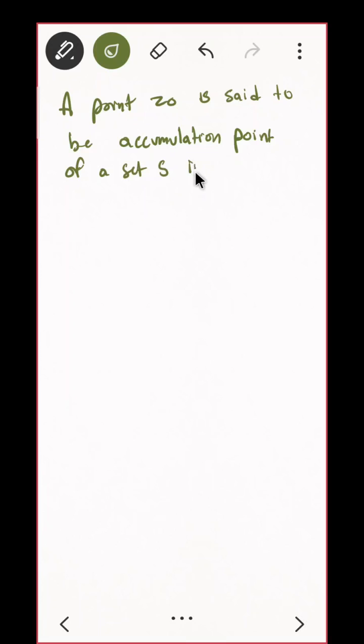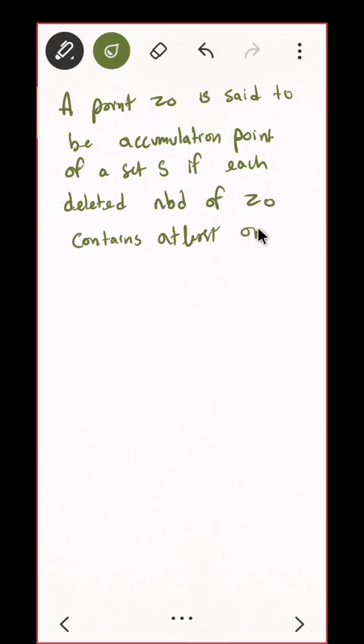A point z0 is said to be accumulation point of a set S if each deleted neighborhood of z0 contains at least one point of S.